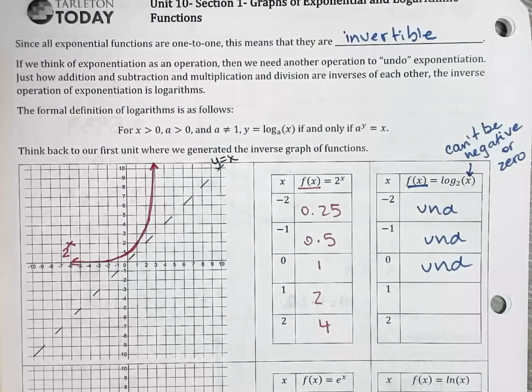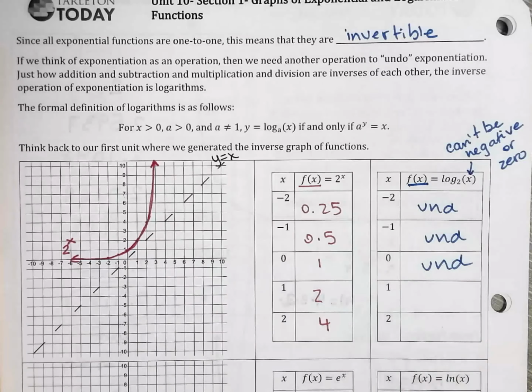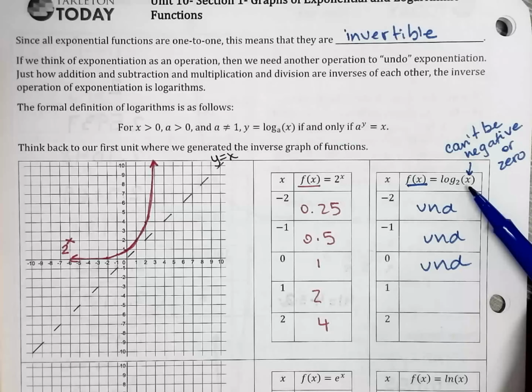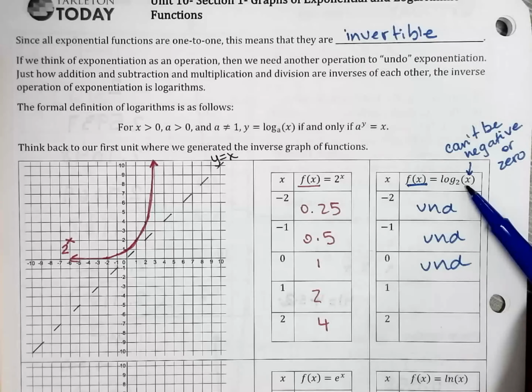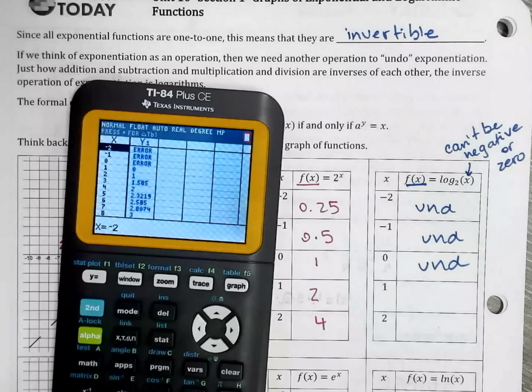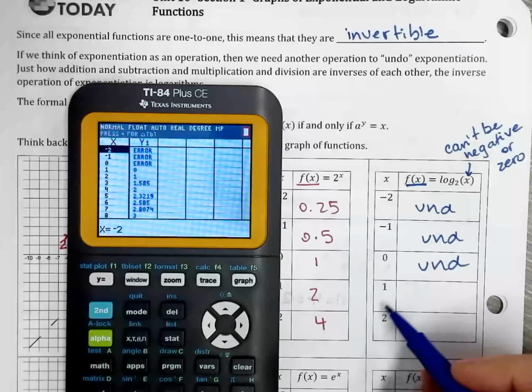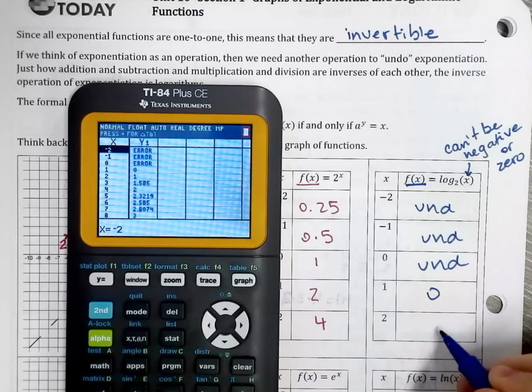That's why it's giving you the error message. It's undefined. You cannot take the log of a negative number, okay? And we will talk more about this later on in this lesson. So 1, 0, 2, 1.